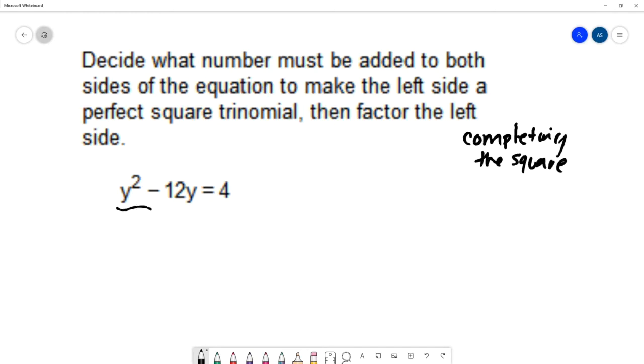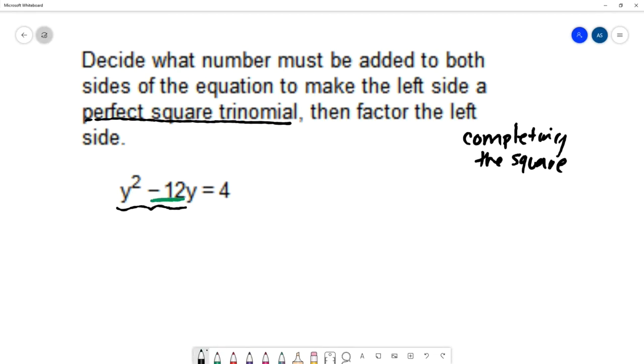The left-hand side right now only has 2 terms. And what we want to do is add a third term to create a perfect square trinomial. Now, the way that you come up with that third term is by starting with the coefficient of that linear term.